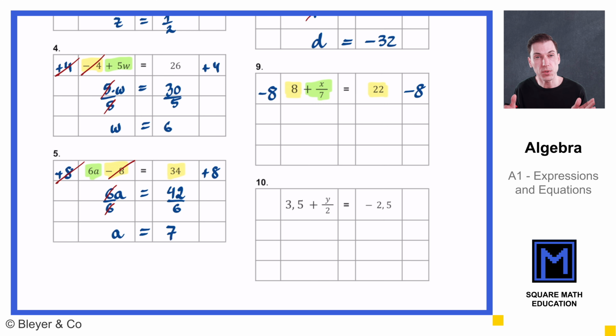I'm doing it on the side because I don't have white space down, but you can also do a vertical method. 8 minus 8 cancel out. We have in here x over 7 equals 22 minus 8 is 14. In the next step, we're gonna multiply both sides by 7. 7 divided by 7 is 1.